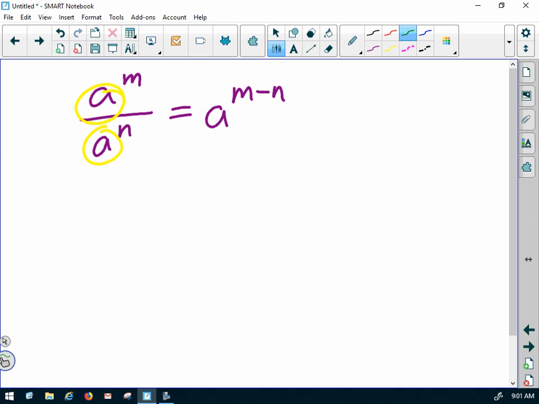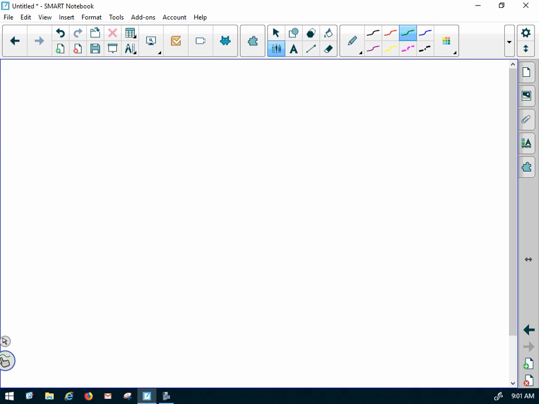It says power of a power. Let's talk about this. How do you read that? Okay, so that says 2 cubed squared, or 2 to the third power raised to the second power.